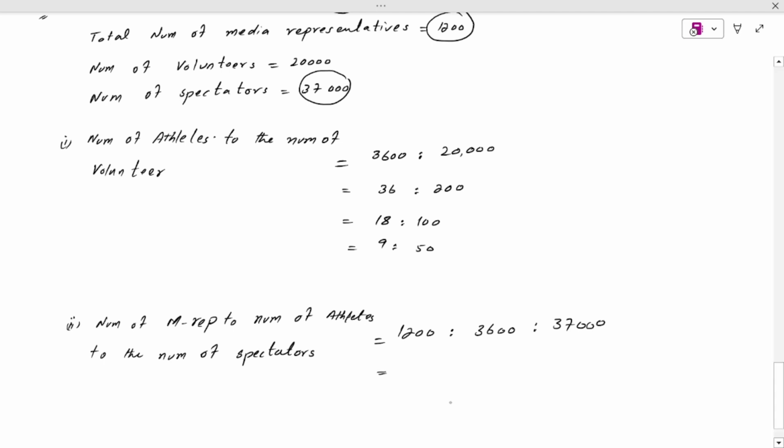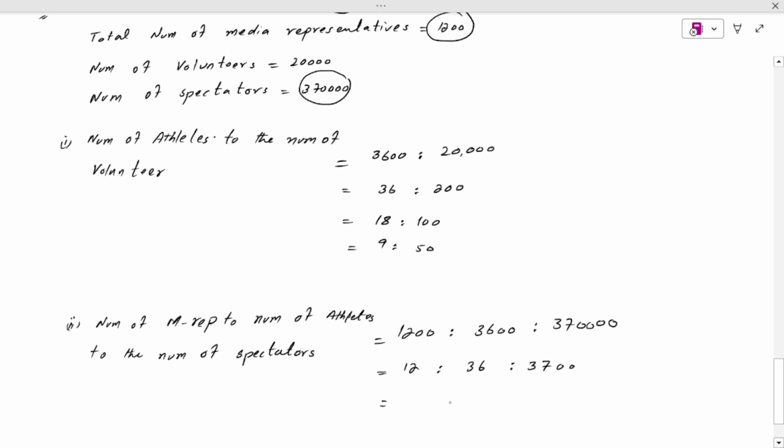So let us simplify this. Simplifying we get 12 ratio 36 ratio 3700. So simplifying we get 3700.